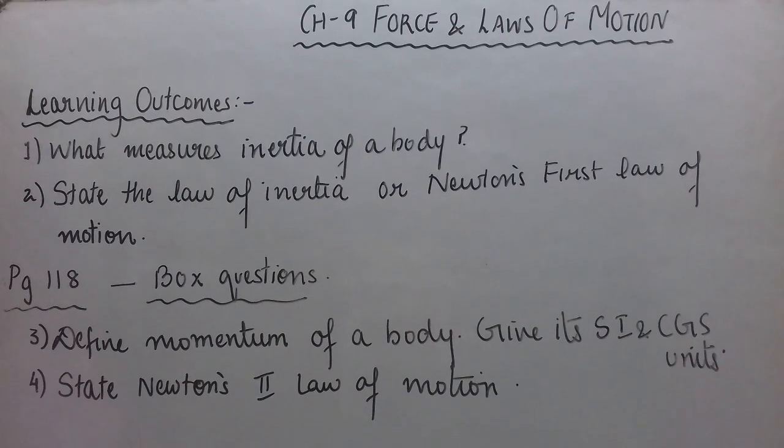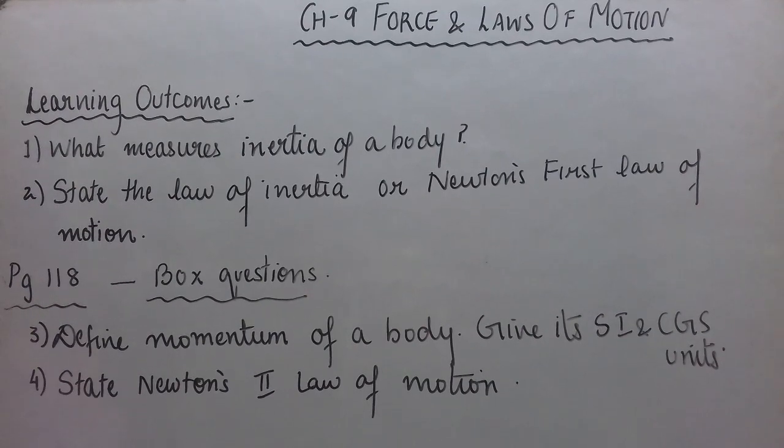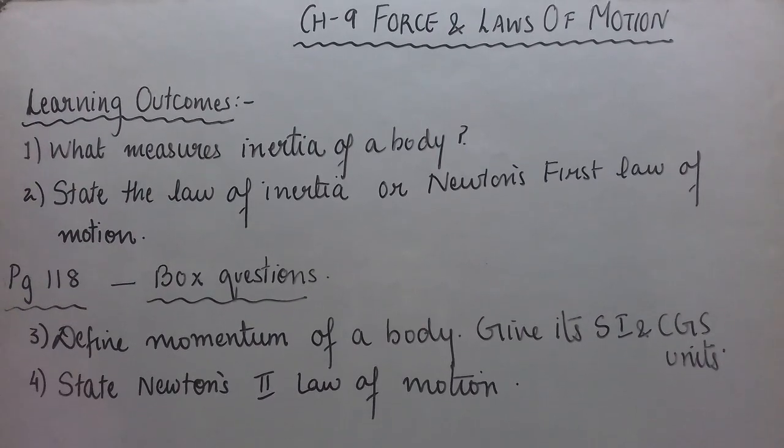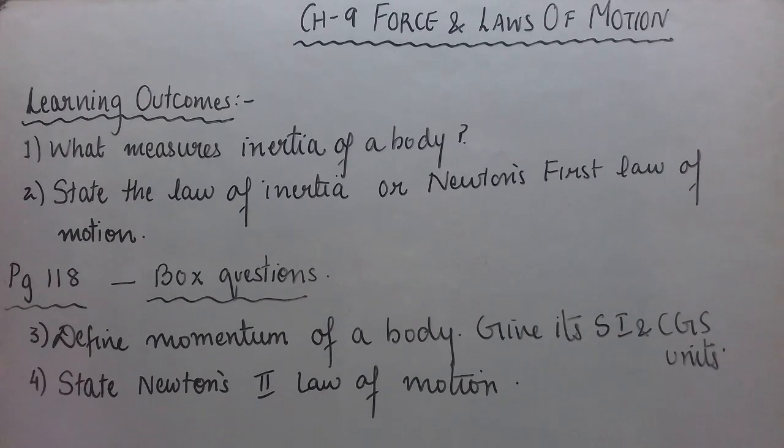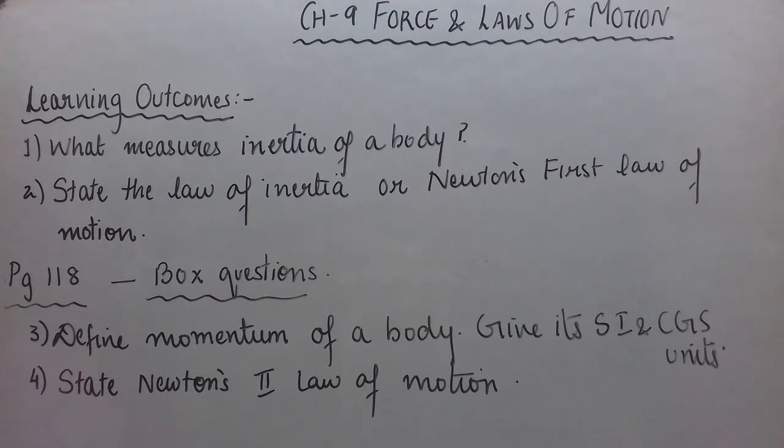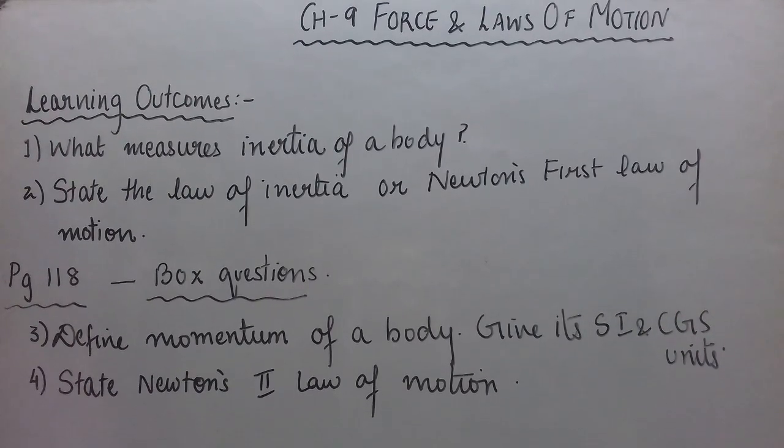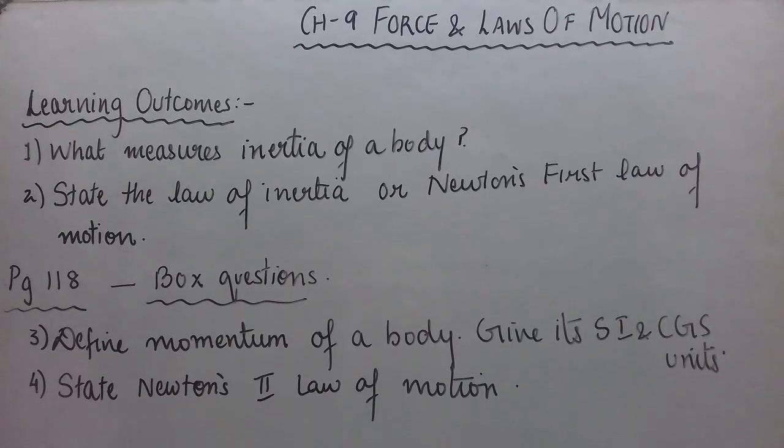Ball, obviously. It means a ball has less inertia than a stone because you can easily change the state of motion of a ball. Similarly, a small box compared to a big almirah, you find it easier to change its state. So it means the small box has less inertia and a big heavy almirah has more inertia.